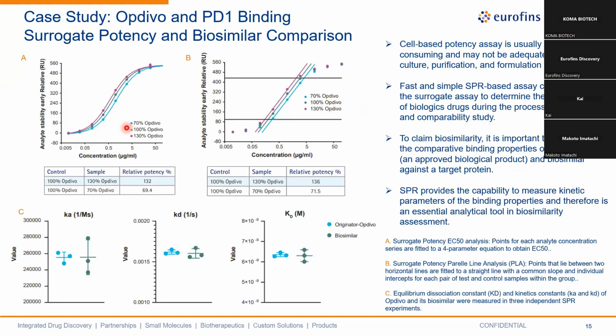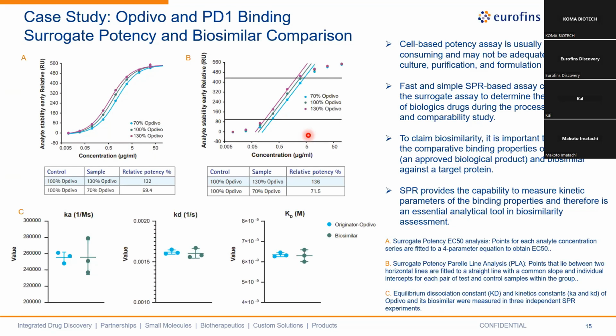From the A and B, there are 2 ways for the SPR application to do the potency assay. So it's surrogate potency. One, the A, is that you can use the EC50. So relative EC50, then you can calculate the relative potency. And B, you can use the parallel line analysis, relative to the slope and intercept.